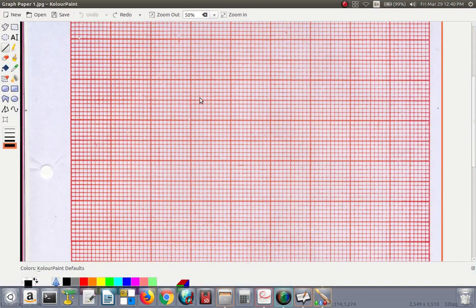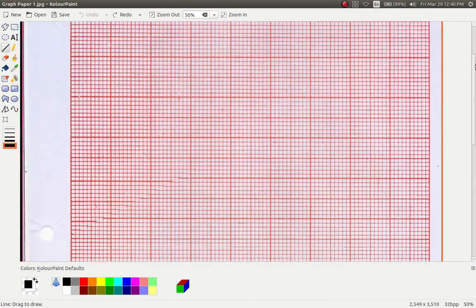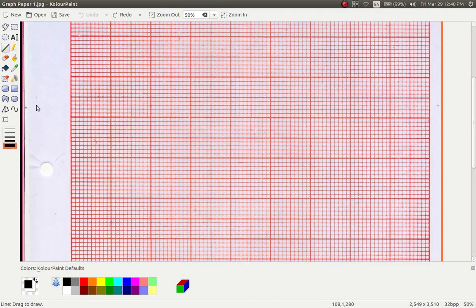Let's continue looking at graphs. Here's my graph paper, right? Now I want to have a horizontal and a vertical axis, meaning an x and a y axis on this graph paper.